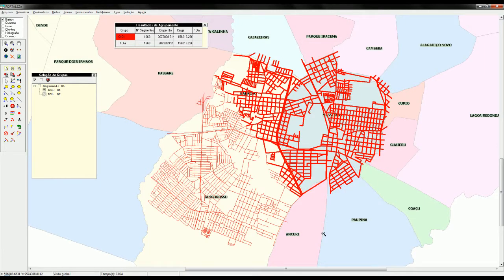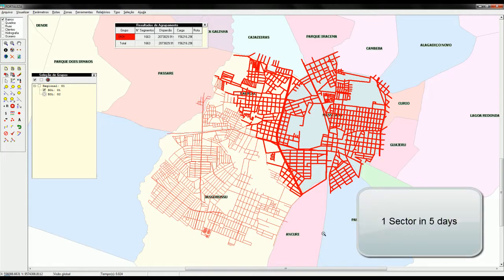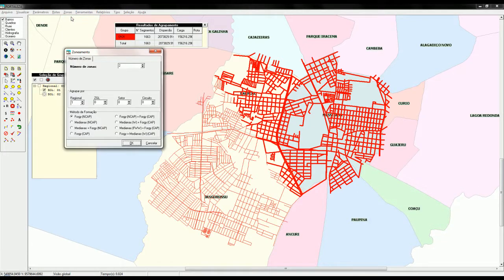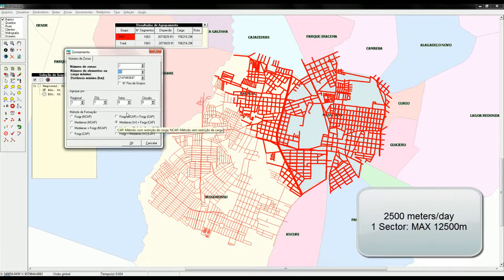For dividing ZGL1 into sectors, we're going to suppose that each sector groups a perimeter that will be swept during a week or 5 days. Covering an average of 2.5 thousand meters per day means each sector must contain a maximum of 12.5 thousand meters.